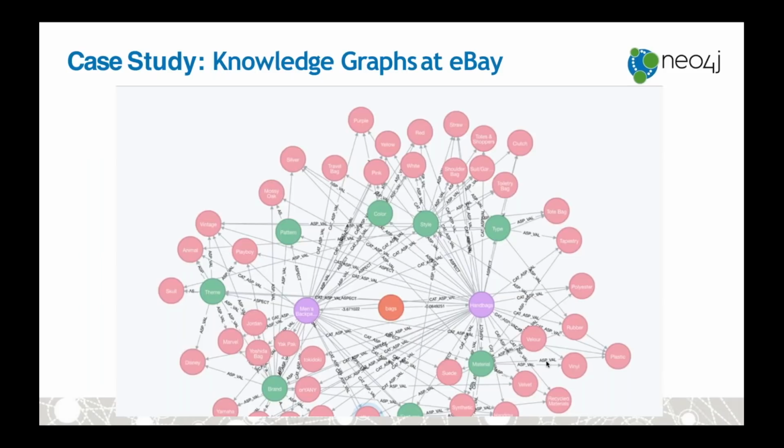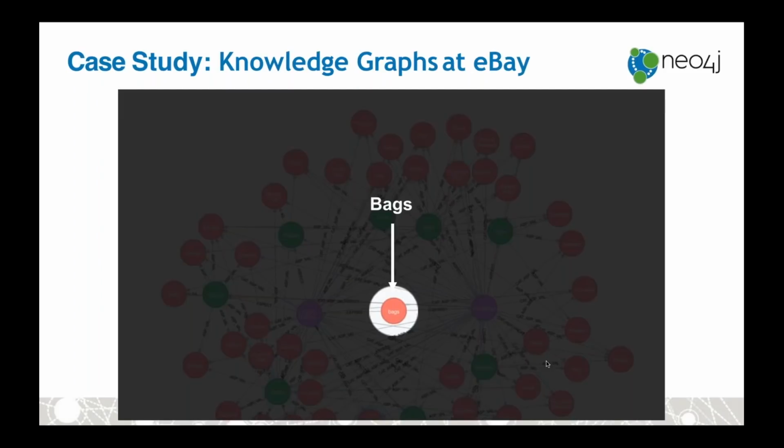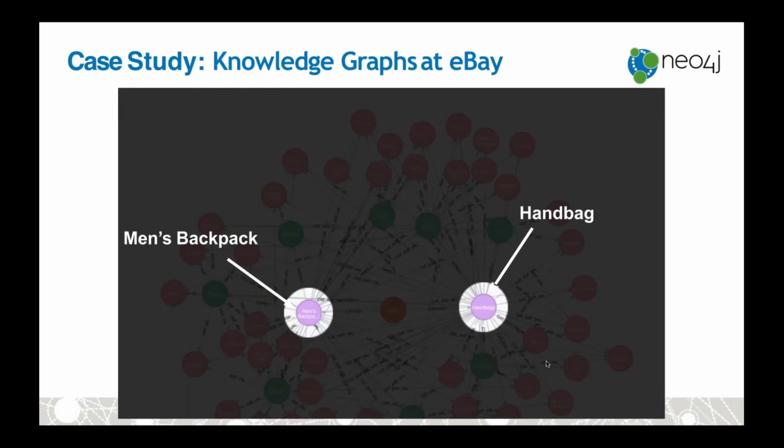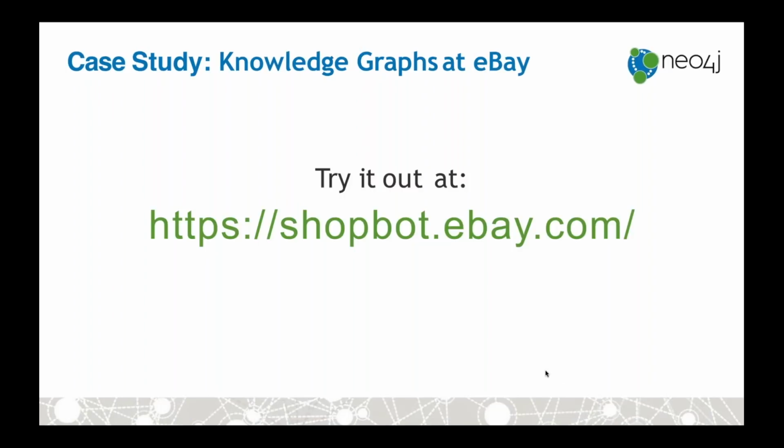Here's a snapshot of the knowledge graph. You can imagine this thing is rather large. What it has done is identify that the thing you're looking for is a bag. So this is the starting point. From there, based on the other information, it uses these techniques to decide whether to go to the left, to the men's backpack, or to the right, to the handbag.